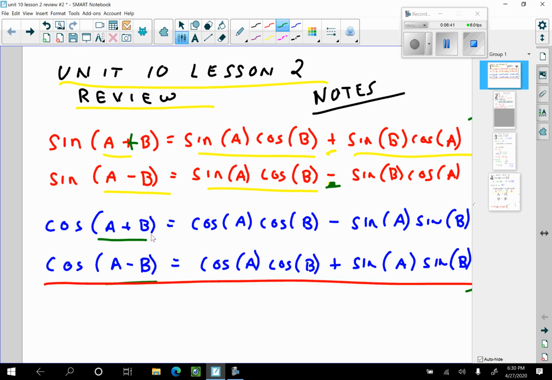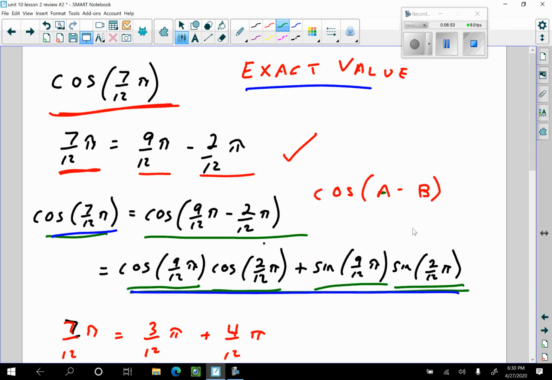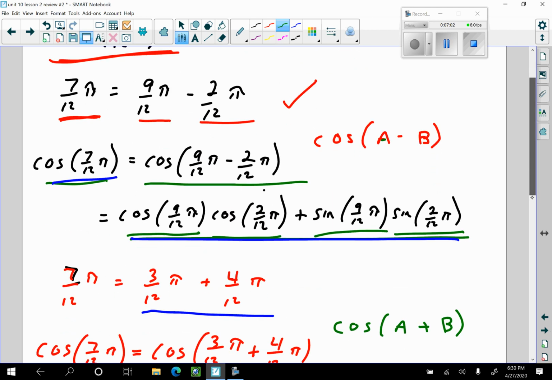If I add the angles, it's going to be the product of cosines subtracted. I'm going to subtract from it the product of the sines of the angles. Okay, so therefore this, I think I still have the blind on it.